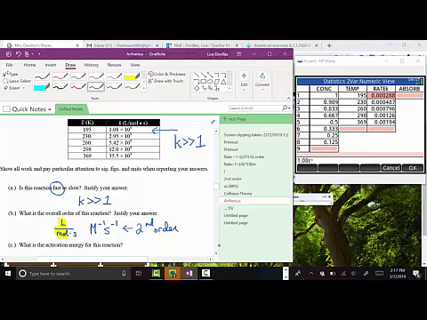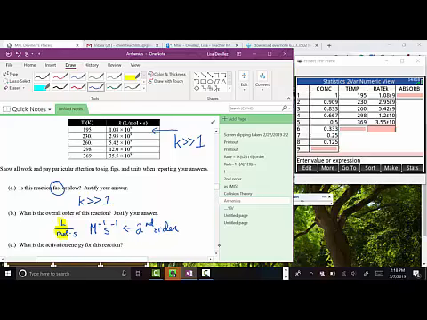Whoops, not negative 9, go back. Okay, so now I've got my data in.